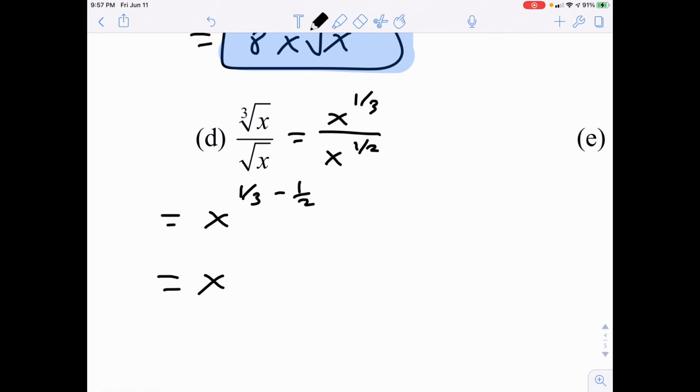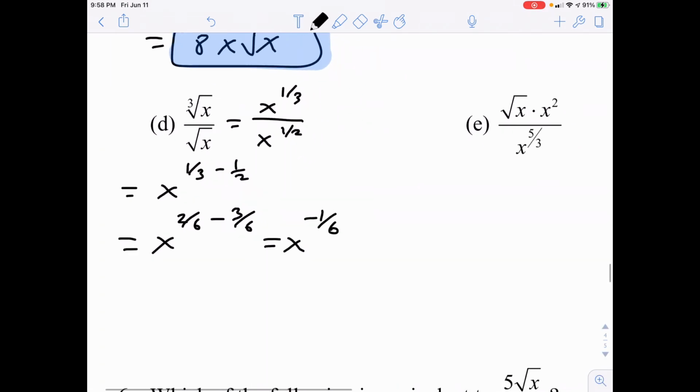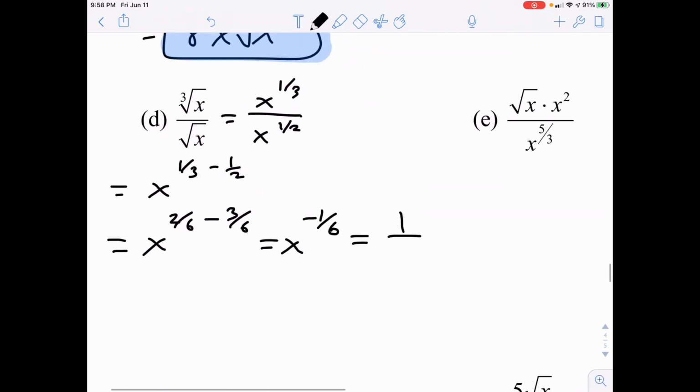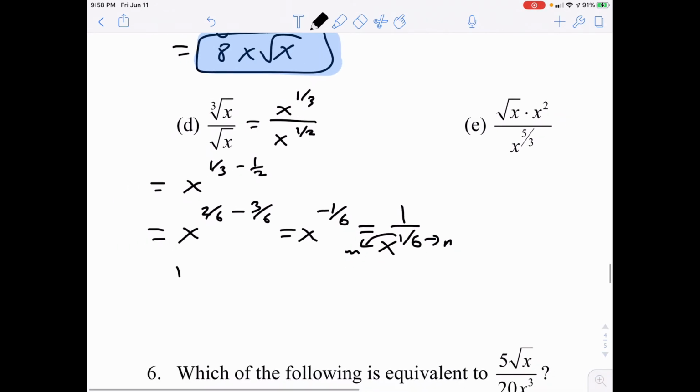So that would be x to the 2/6 minus 3/6, which would be x to the negative 1/6, which you can rewrite as 1 over x to the positive 1/6. Now 6 is the root, and 1 is the power. This is literally 1 over the 6th root of x to the first power, or simply 1 over the 6th root of x.